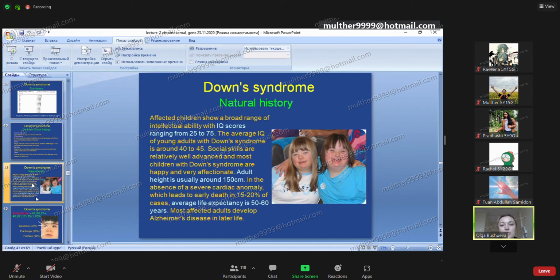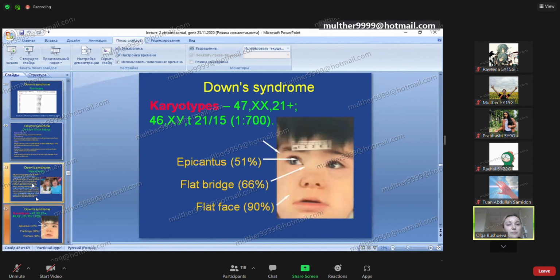Adult height is usually around 150 centimeters, and in the absence of severe cardiac malformations, which lead to early death in 50% of cases, average life expectancy is 50 to 60 years. Most affected adults develop Alzheimer's disease in later life.